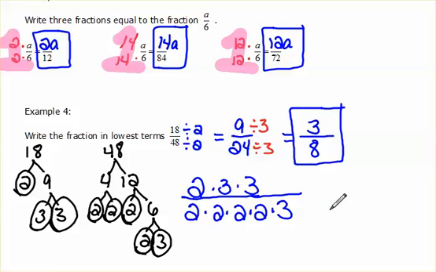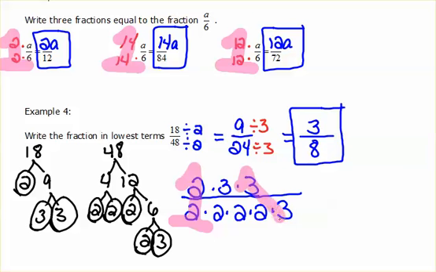Now by doing that, remember when you have the same number over itself, that's technically just a big old 1. So 2 over 2 is technically a 1. That's why we can divide it out or cancel it, because it's really a 1.